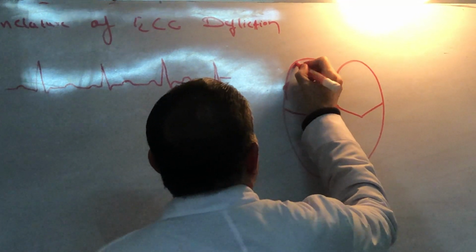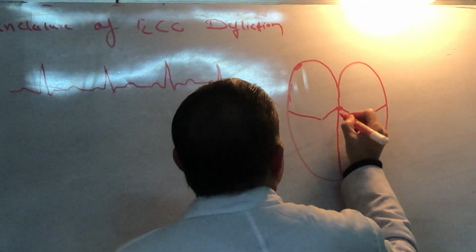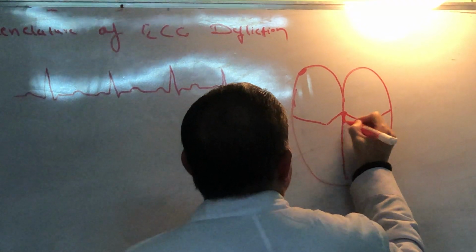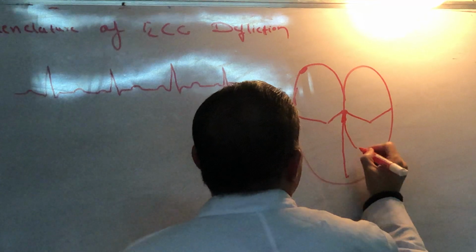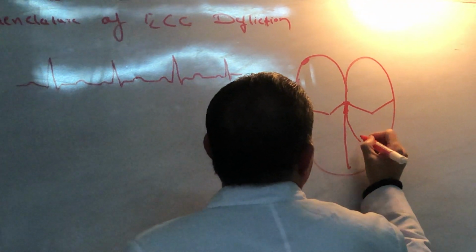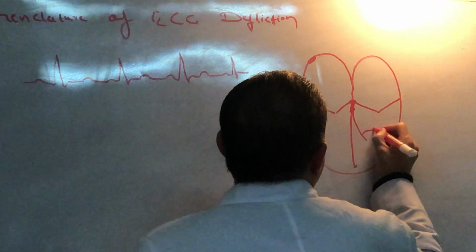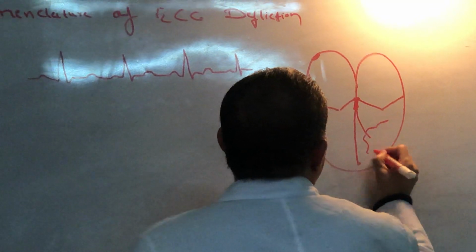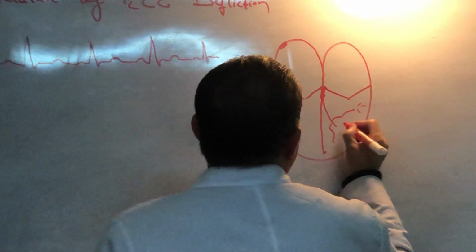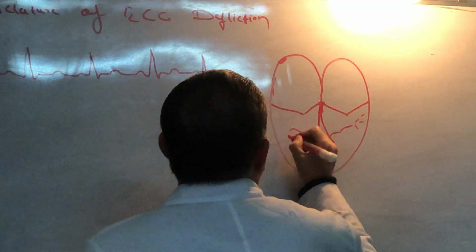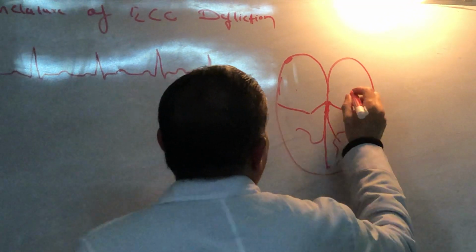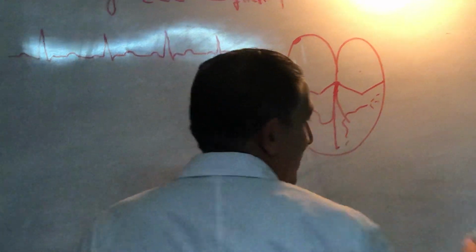This is the SA node, this is the AV node, this is the bundle of His, and this is the left bundle branch. The left bundle branch divides into the anterior fascicle and posterior fascicle, and finally to the Purkinje fibers. This is the right atrium, this is the left atrium, this is the right ventricle, this is the left ventricle.